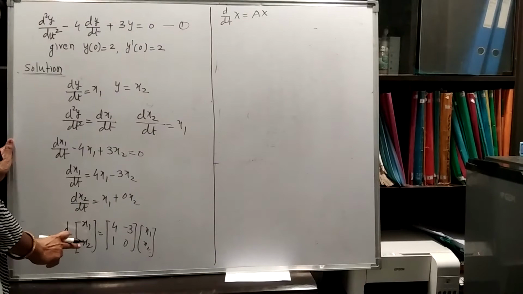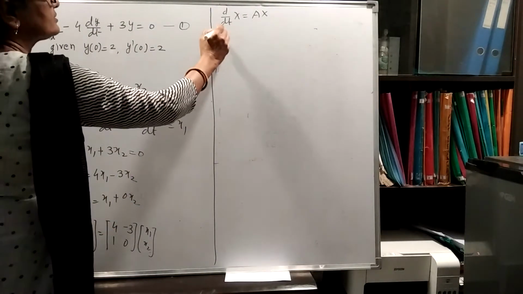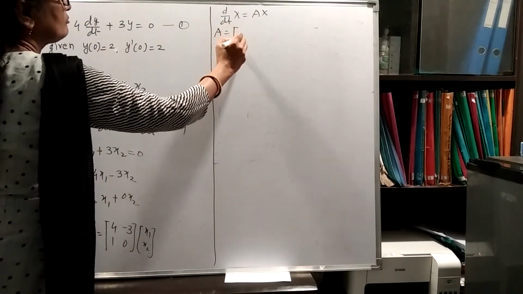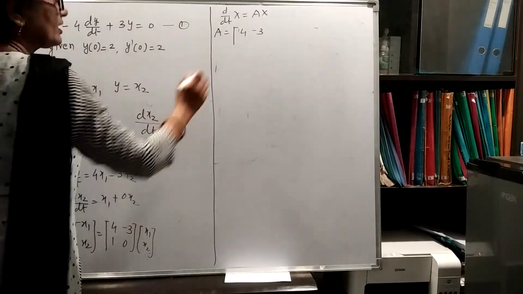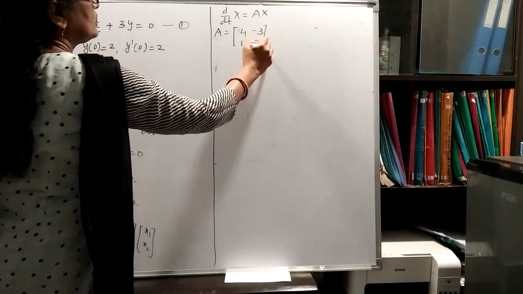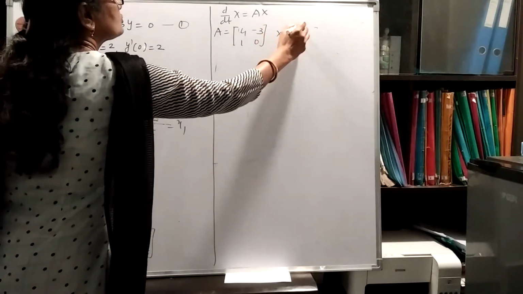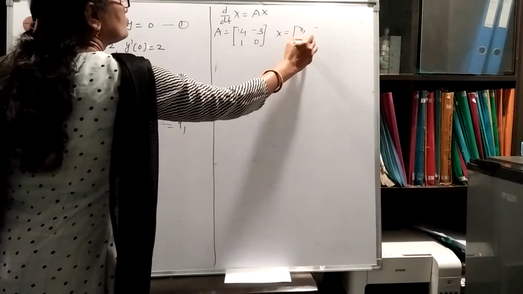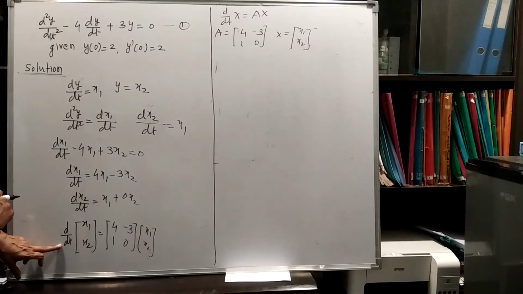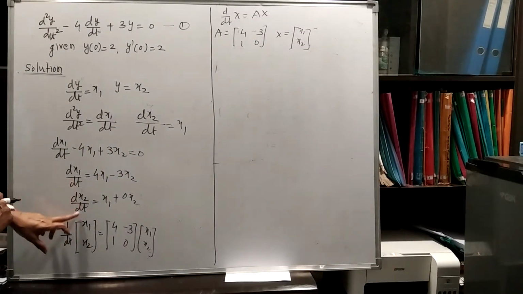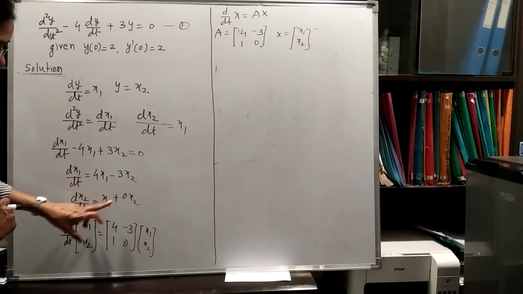Now x is x1 x2 and A is 4 minus 3 1 and 0, and x is x1 x2. Now check it, these two equations we can write in the form of matrix d/dt of x1 x2 equals 4 minus 3 1 0 and x1 x2.